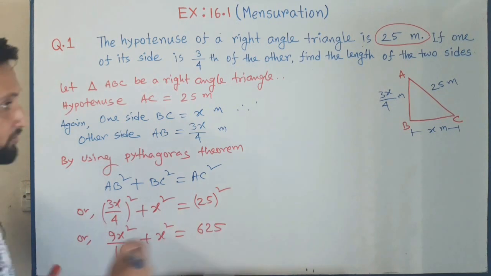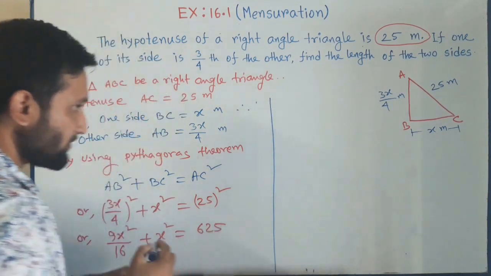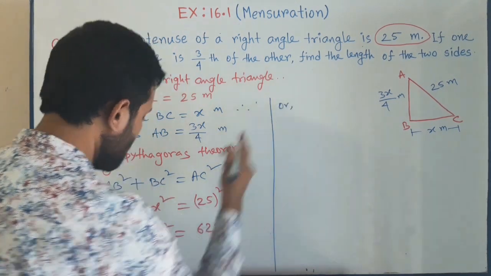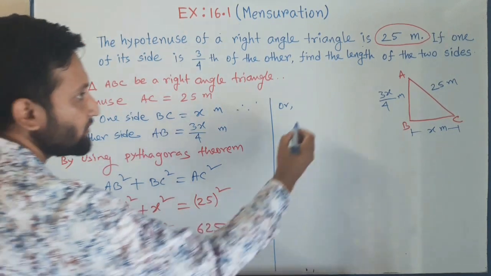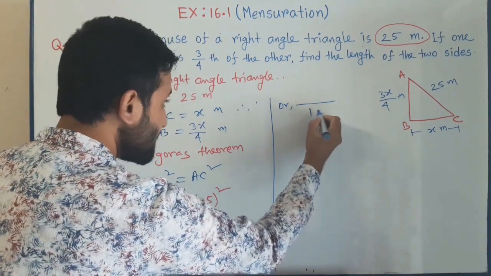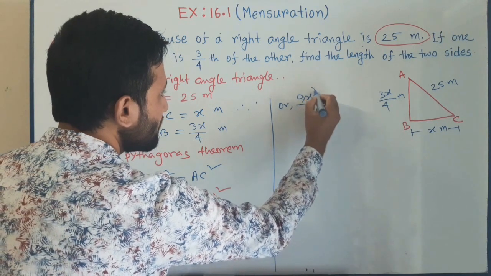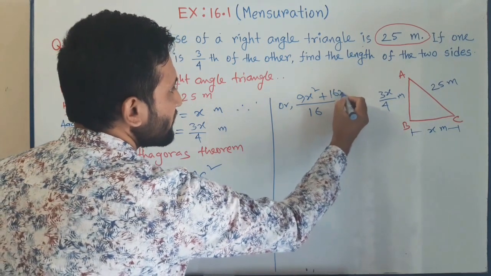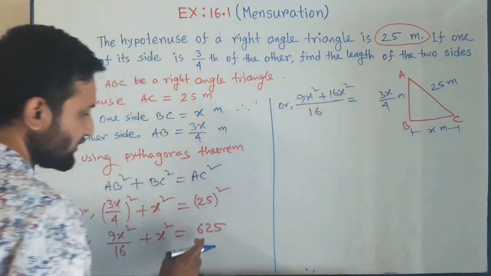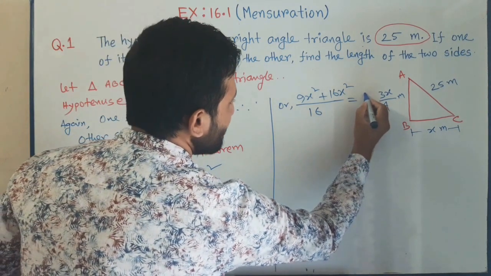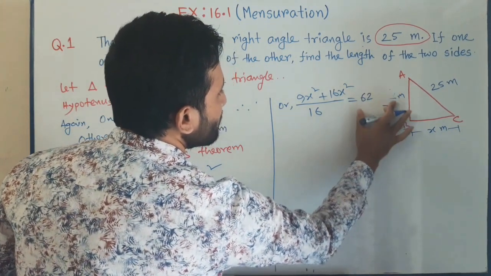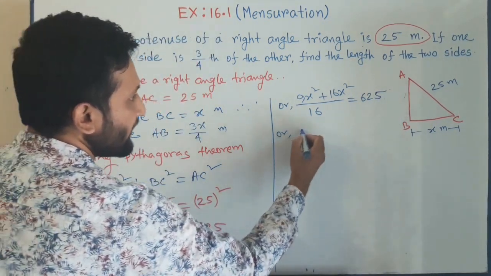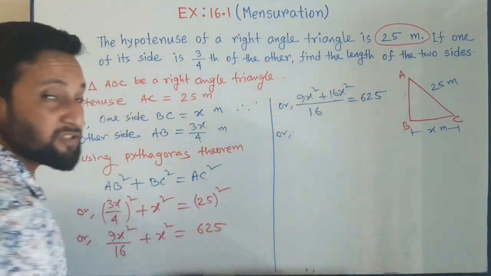Now by using LCM on the left hand side, LCM is 16, so 9x square plus x square into 16, that means 16x square, equals, on the right hand side, 625. So we can write 9x square plus 16x square, that means 25x square.